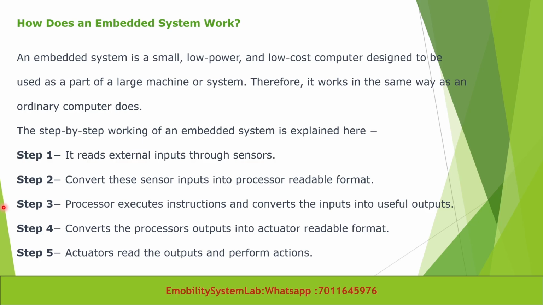So here we have defined some steps, which we saw previously in the flow. It reads some data from a sensor, converts the data into a readable format so that the processor could understand, and the processor executes some instructions and converts input into useful outputs.